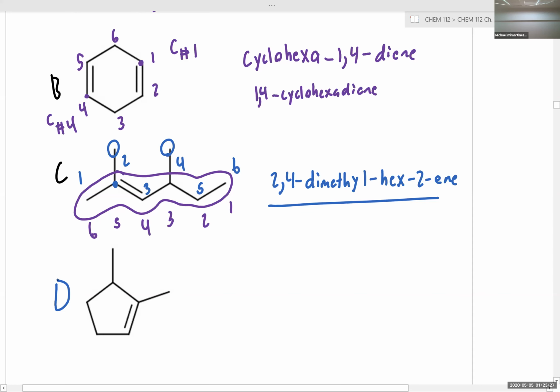Structure D is more tricky than you think, so just be careful with it. It's nothing we can't handle, but just be meticulous when you think about the rules for substituents and what's preferred in naming in terms of locant numbers.